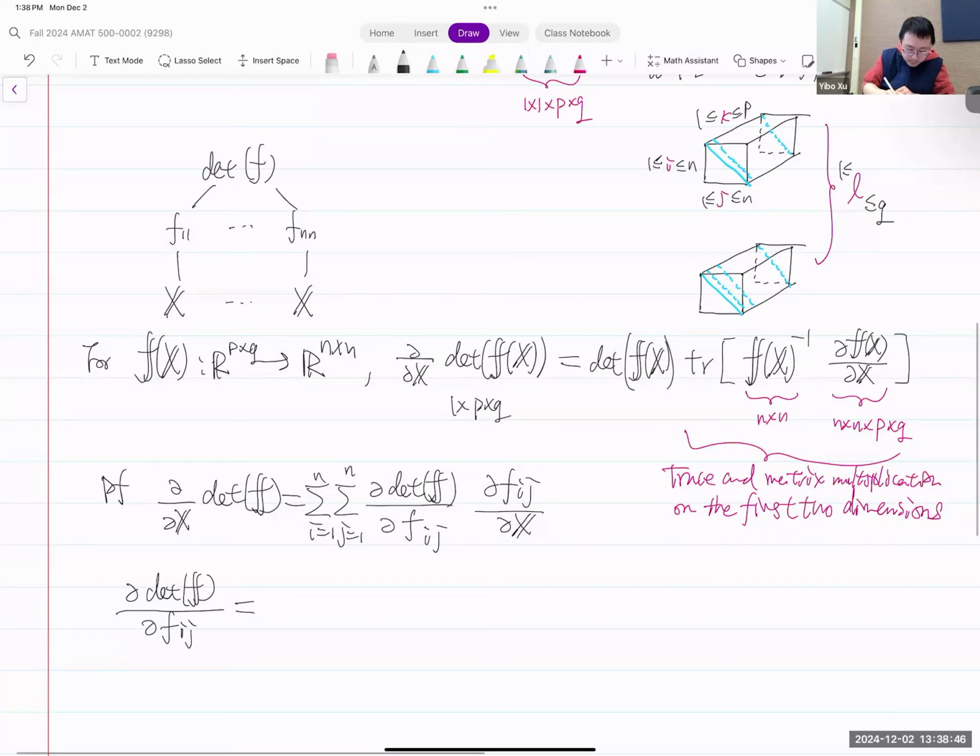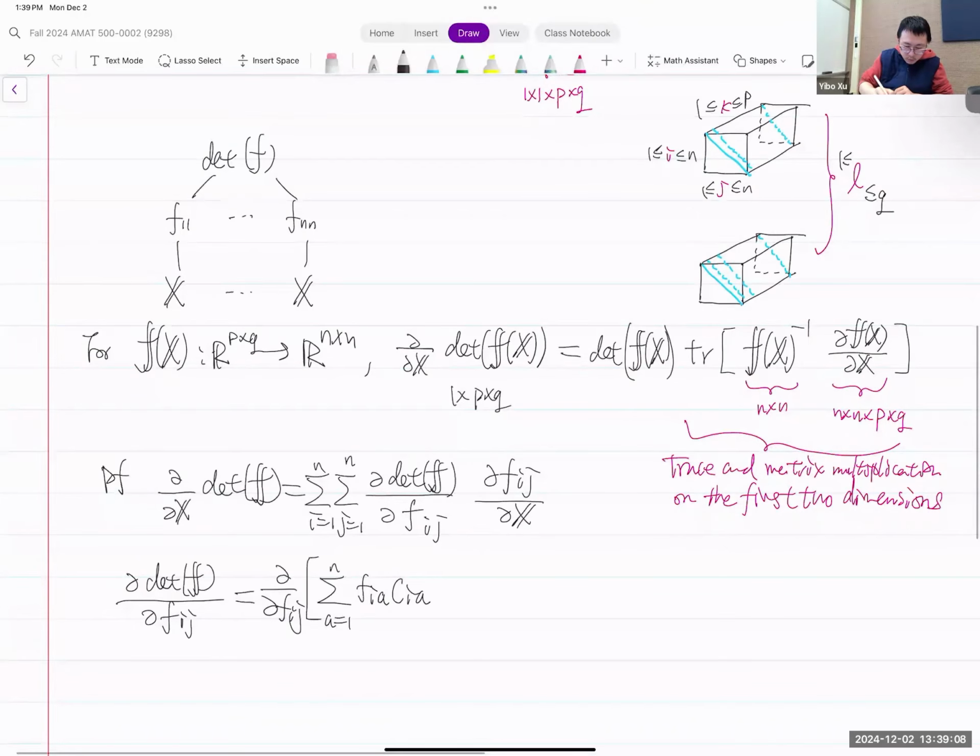So this is del Fij of a summation. Let me do the index a from 1 through n. So I have F_ia C_ia, the ith row. I'm just rewriting the determinant.